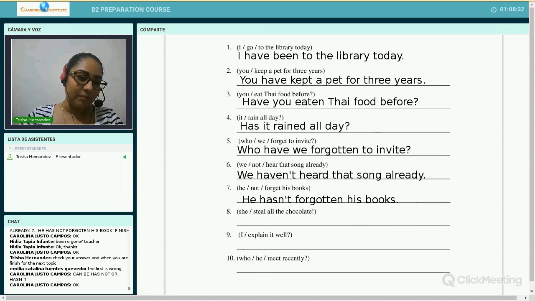You cannot stay in the library too long. Okay? In this case, remember that it's talking about an action that is finished. I have been to the library today, because if you write, I have gone to the library today, it wouldn't be correct because it's an ongoing action. Then you could say, for example, I'm in the library, because you are in the library right now.